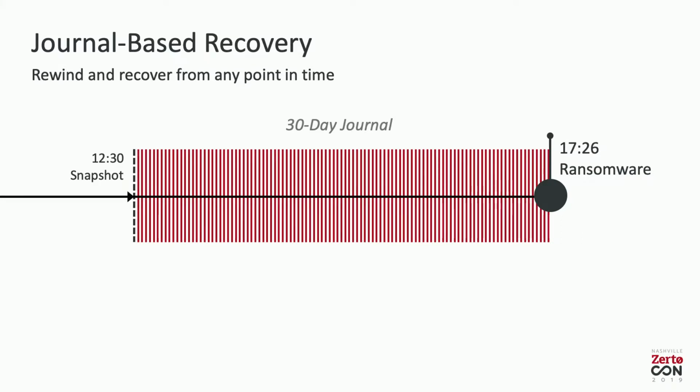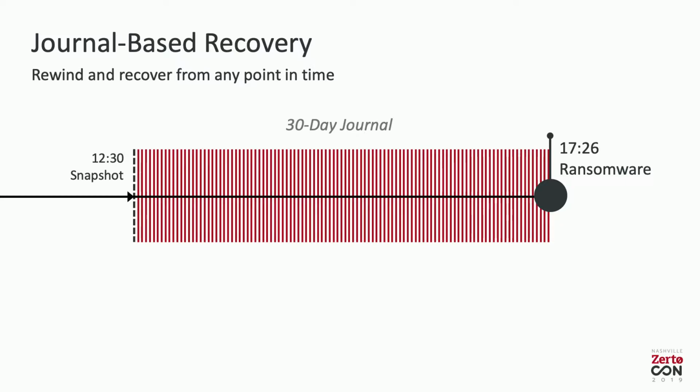So you have to really take that into consideration when you're thinking about how does my recovery strategy account for not only the quick recovery to get the systems up, but to minimize the amount of data loss as well. And our answer to that is this journal. And in this example, let's say you have a ransomware infection around 5:26 in the afternoon.